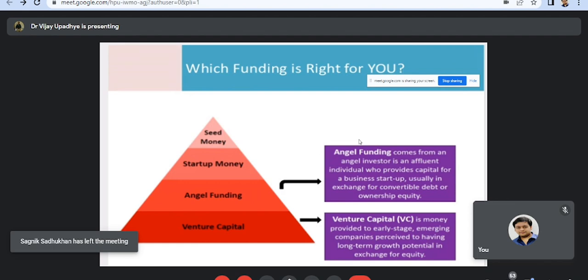They are giving seed money, startup money, angel funding, venture. So you understand based on your business stages. If nothing is there, then you need seed money. Then startup money, just like you are giving a kick and starting your bike. Then angel funding, if you want to go into the national level market, and venture capitalists for the international level. So these are the stages.